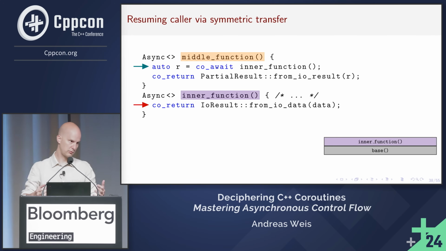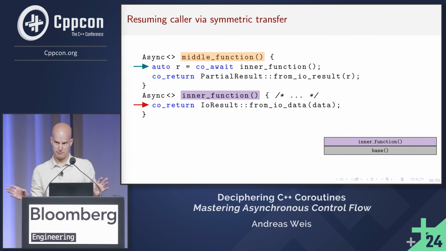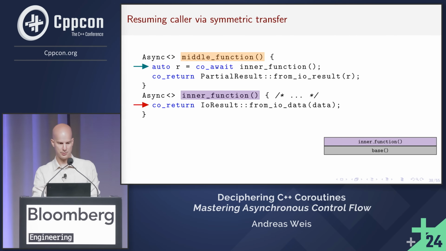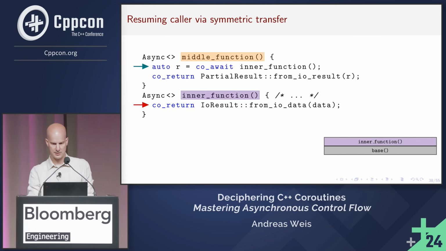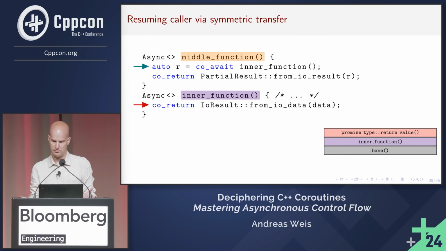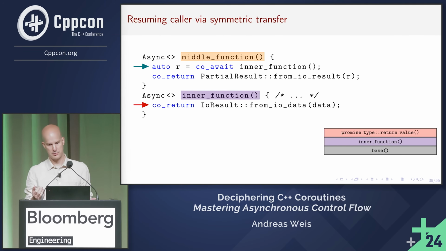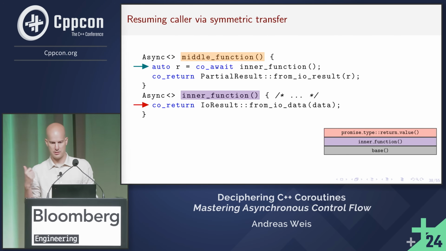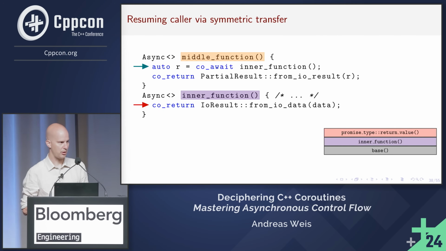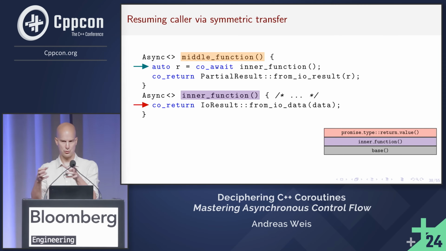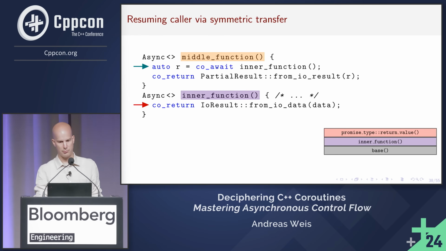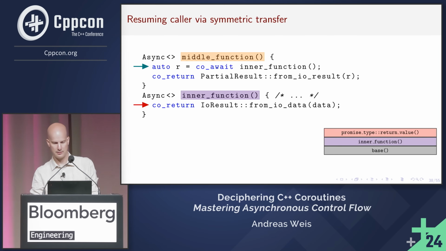So the inner function got woken up. It managed to do all the work that it's supposed to do, and now it's done. The first thing that it will do is, as part of the co-return call, the return value function in the promise type will get called. I will store the result somewhere in the promise so that it can be retrieved later.